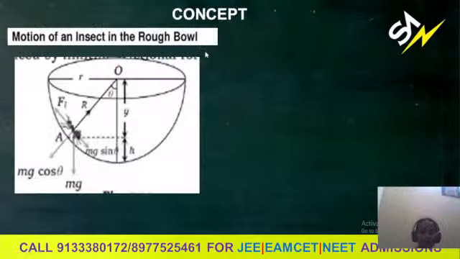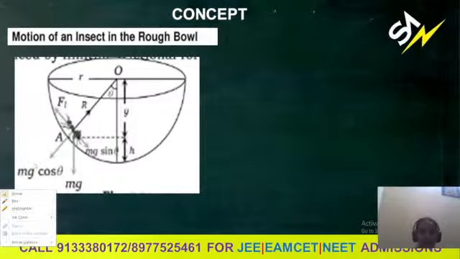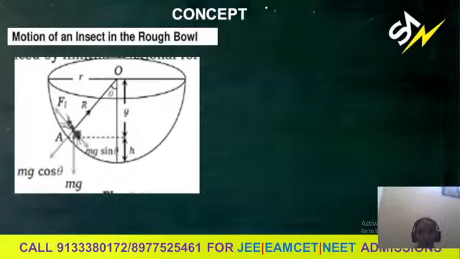Here our concept is about friction. We are given the situation: motion of an insect in a rough bowl. Here you can observe in the diagram a hemispherical bowl which has a rough surface. When the surface is rough, friction comes into play.